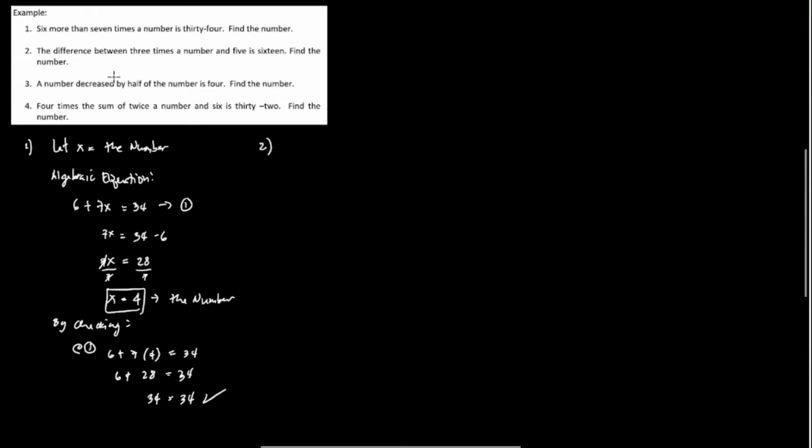Number 2. The difference between 3 times a number and 5 is 16. Find the number. So let x be the number, using the algebraic equation.